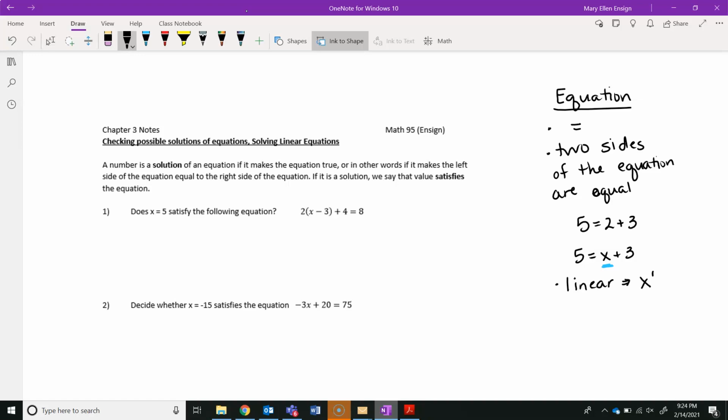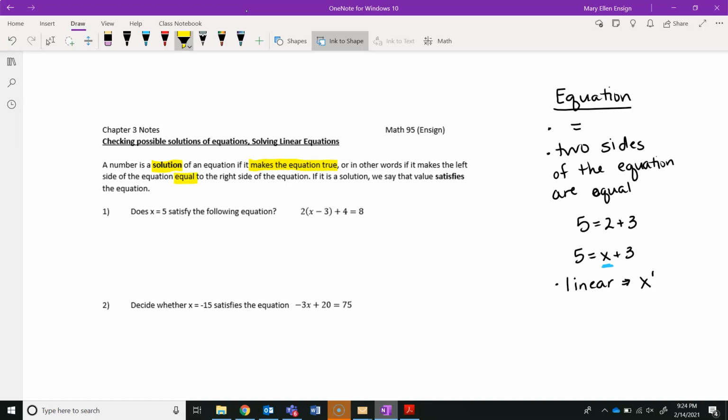One solution. So let's look over here for a minute where we say a number is a solution of an equation if it makes the equation true. Or in other words, if it makes the left side of the equation equal to the right side of the equation.